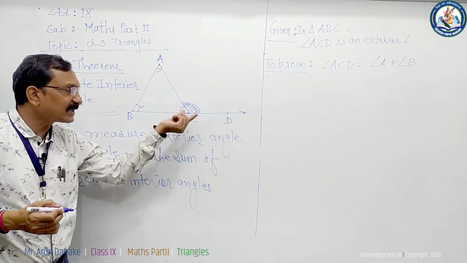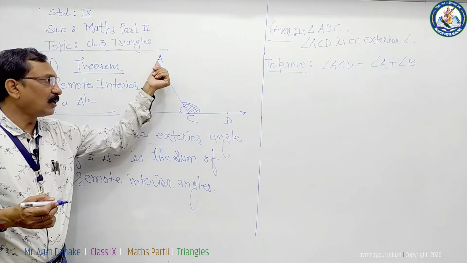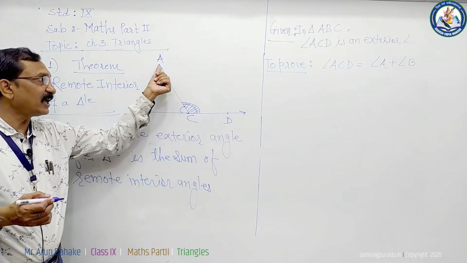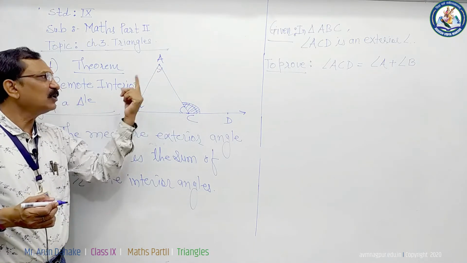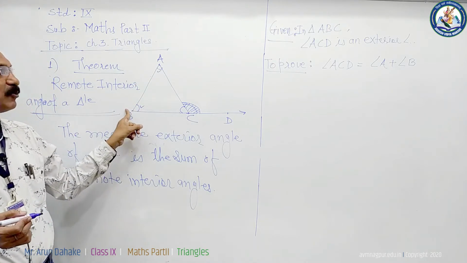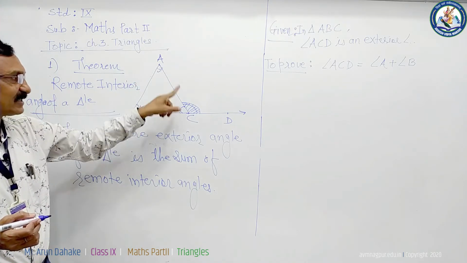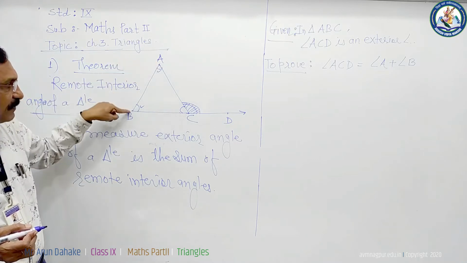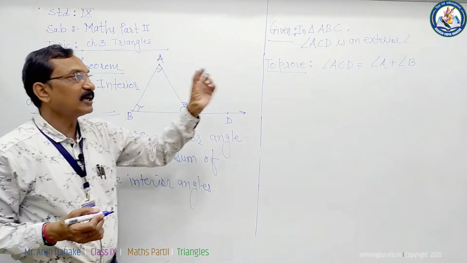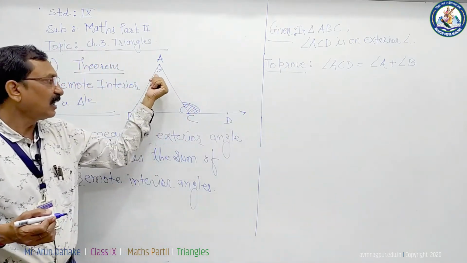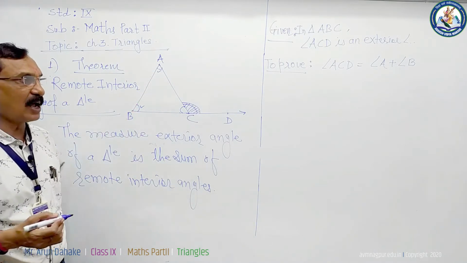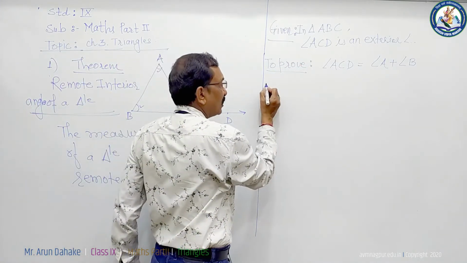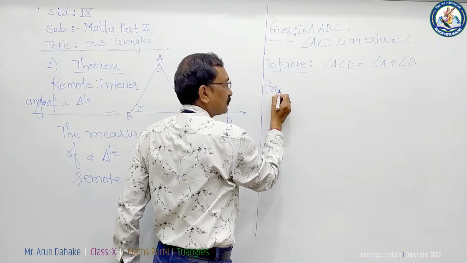ACD is the full name of this exterior angle, and this is angle A and this is angle B. We can write it in full form also, BAC plus ABC, but in short, angle A and angle B. Now, in this triangle, see the proof of this.